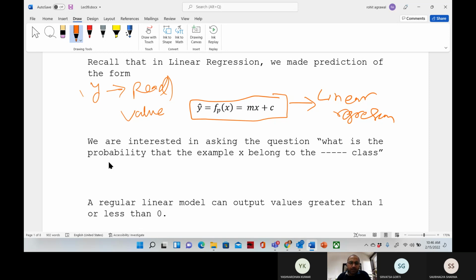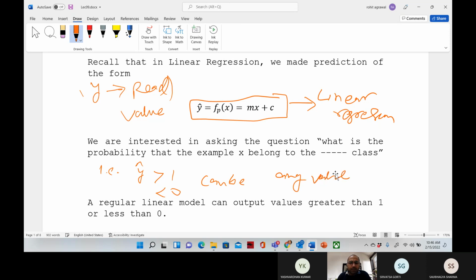That means it can have a value less than 0 or greater than 0. That means y predicted can be greater than 1 or less than 0. It can be any value.